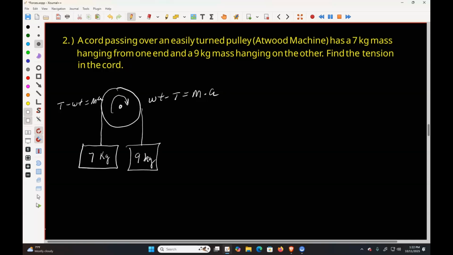Okay, so let's go ahead and say T minus weight 1, and weight 2 minus T equals M2 times acceleration.